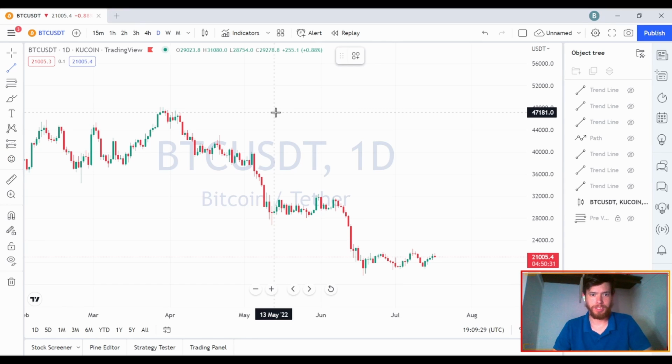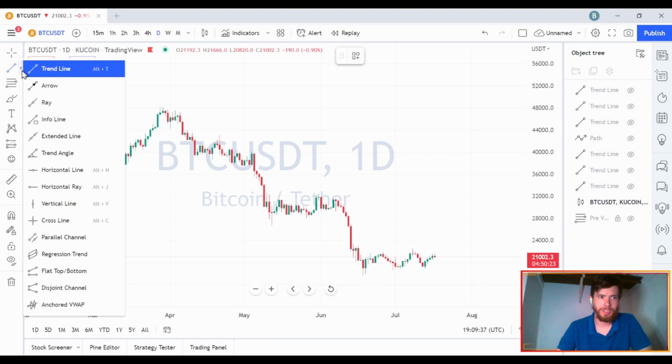Alright, so again, we are at a basic chart, nothing's here. If you go to the second object, you can get a trend line and a bunch of other tools like a horizontal line. The trend line and the horizontal line are the two that I tend to use to map my supports and my resistances.